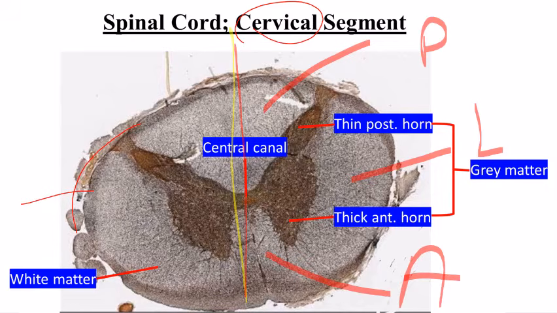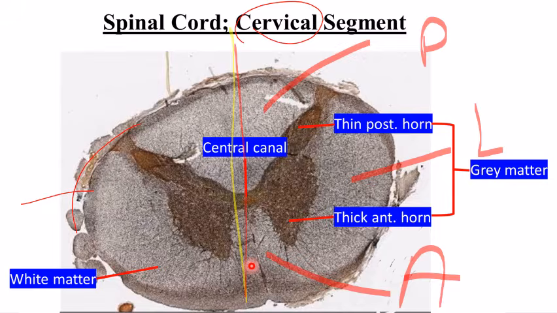Then look at the posterior horn, which appears thin and divergent. Look at the anterior horn, which appears thick. Look at the white matter: more white matter than gray matter. And the central canal appears more anterior.